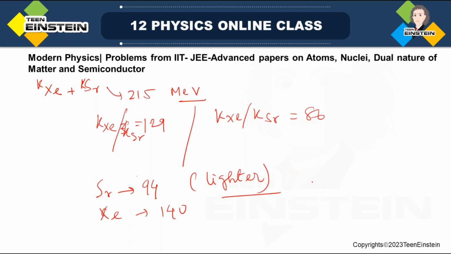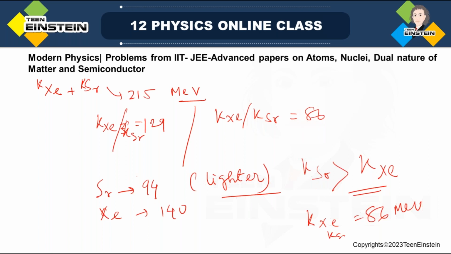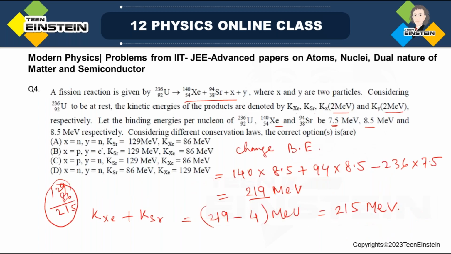So kinetic energy of strontium will be greater than kinetic energy of xenon. That means the kinetic energy of xenon will be 86 MeV, and that of strontium will be the other one, that is 129 MeV.